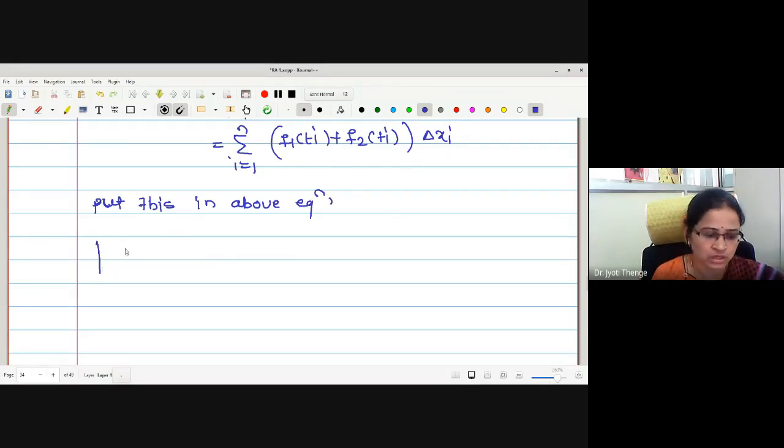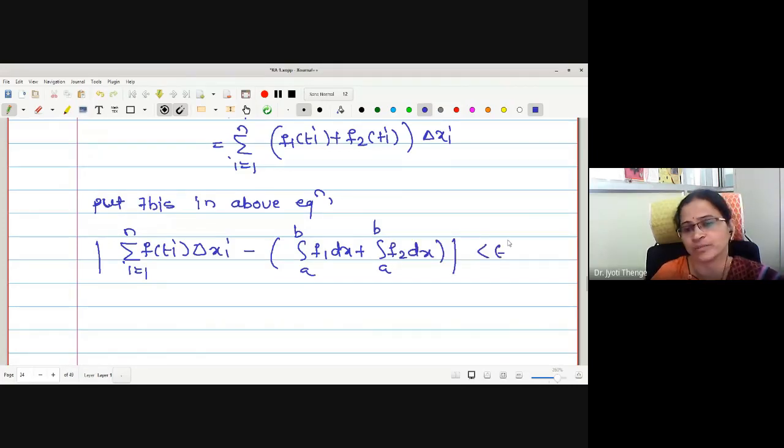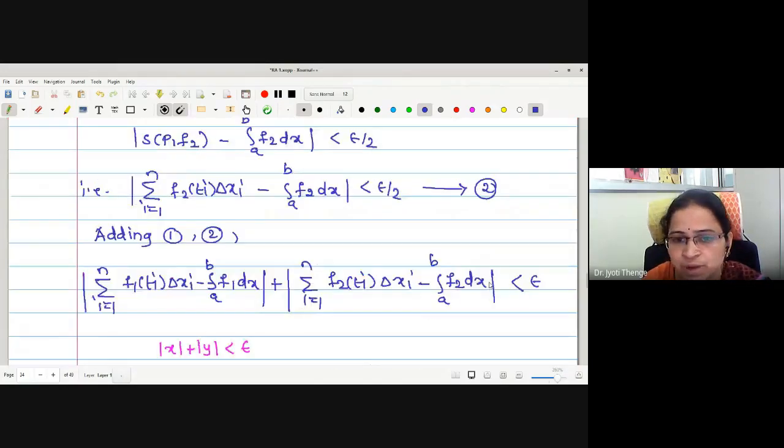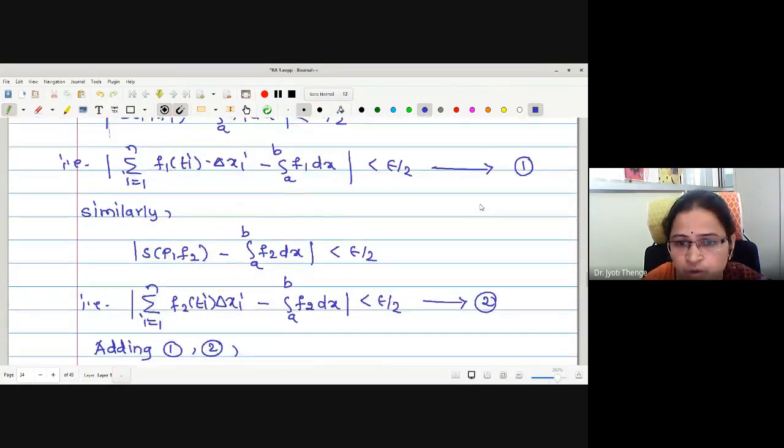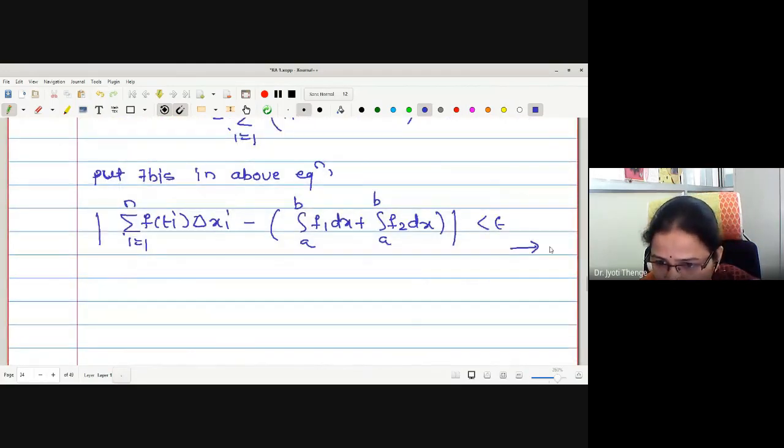This is summation f of ti delta xi, i running from 1 to n, minus integration a to b f1 dx plus integration a to b f2 dx, less than epsilon. Let me call the earlier statements 1 and 2 that I have written. Now I will go for 3. Let me call this equation number 3.